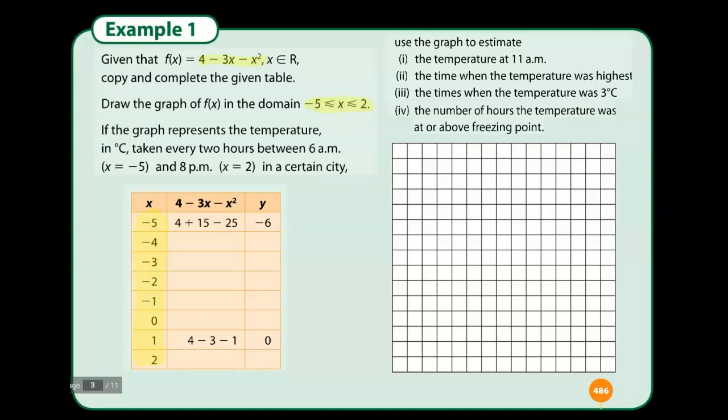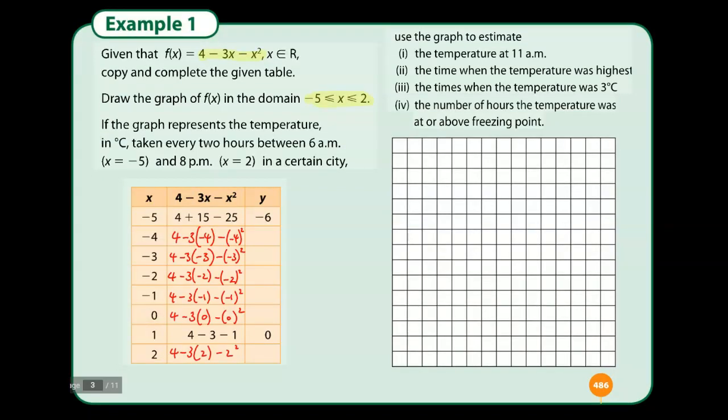We'll then use these values to apply, in this particular case, modeling the temperature in centigrade between certain times, and we'll talk about how you work out the times and compare it in a moment. But first of all, let's just fill in the table.